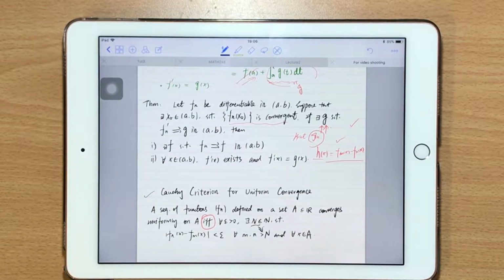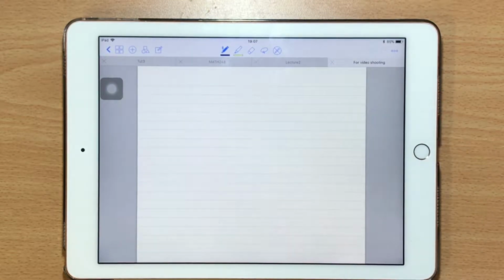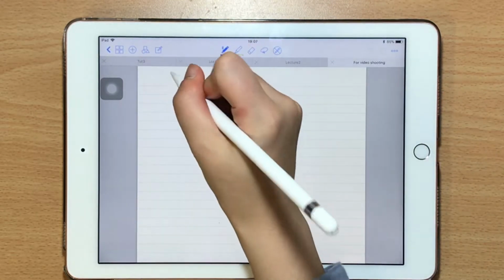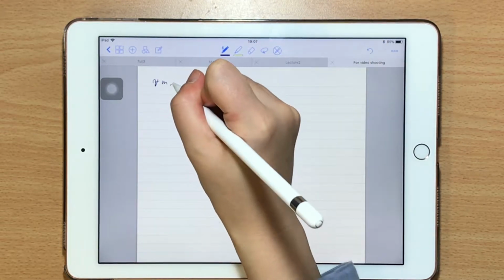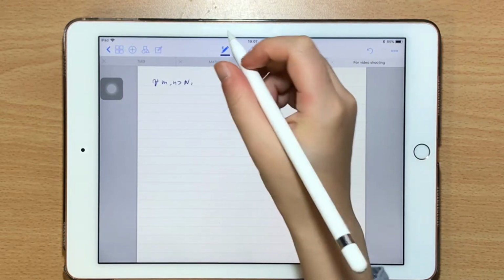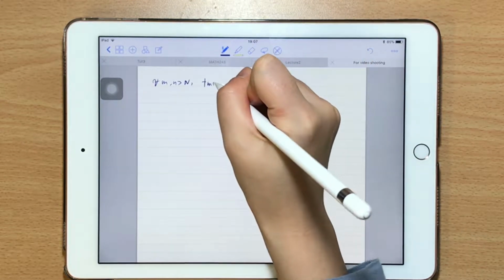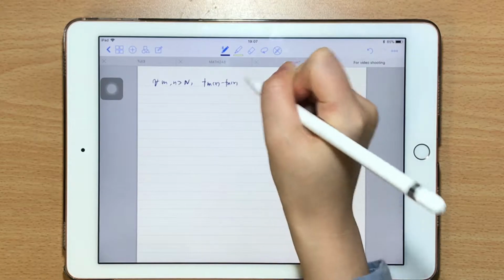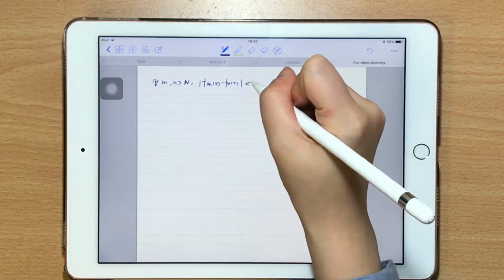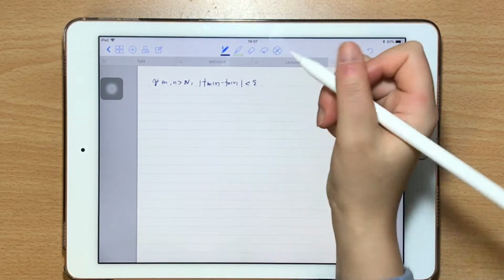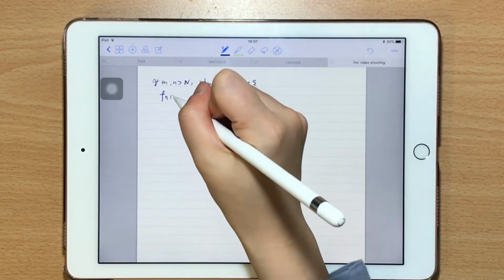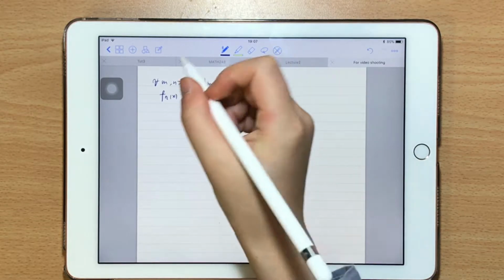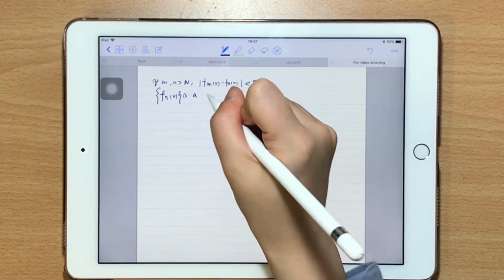Well, first of all, we already have the inequality, right? Since we know that for any m, n larger than N, the absolute value of f_n(x) minus f_m(x) is smaller than epsilon, you might observe that f_n(x) is actually a Cauchy sequence, right?